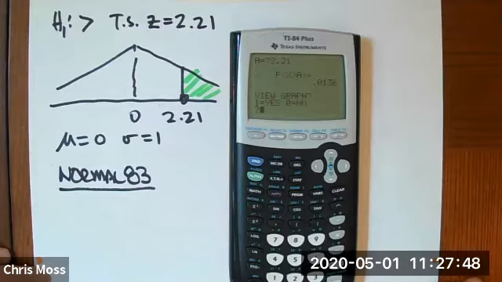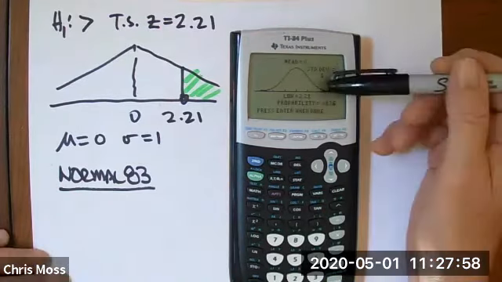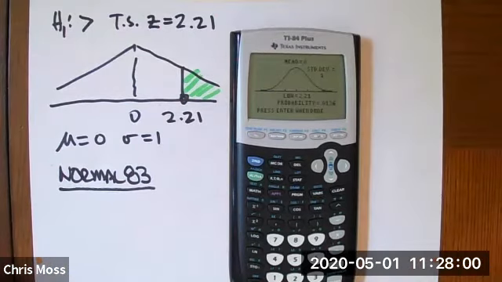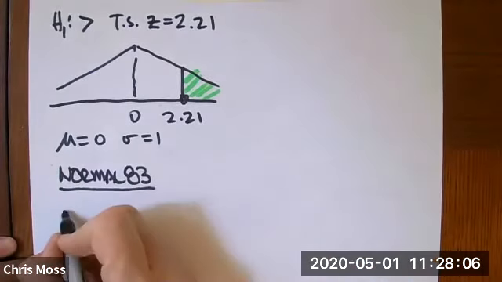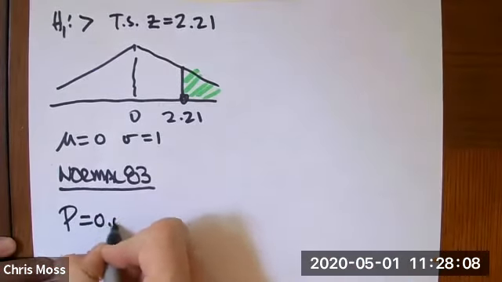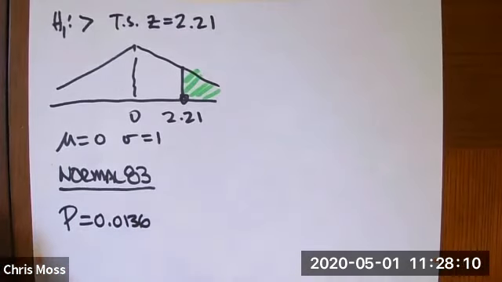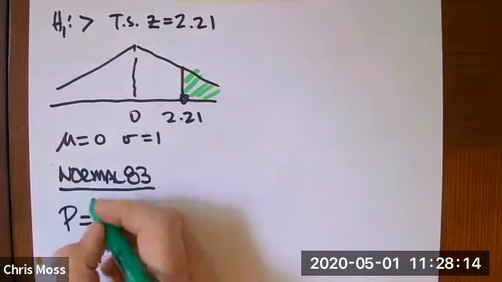And there we go. I'll remind people that we can take a look at a picture with this particular program. The p-value is a little bit of shaded area there. So we see that it's equal to 0.0136. Capital P is the notation we use for the p-value.